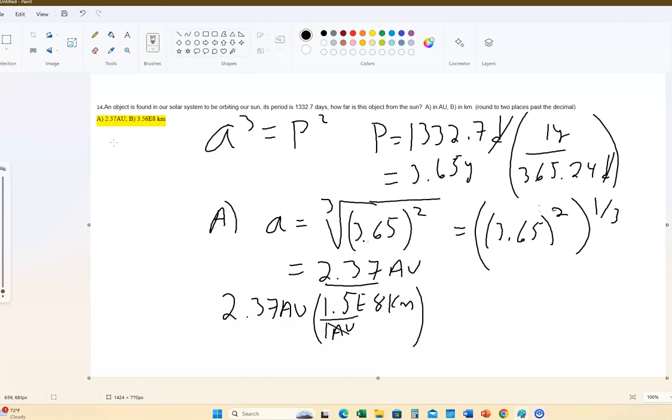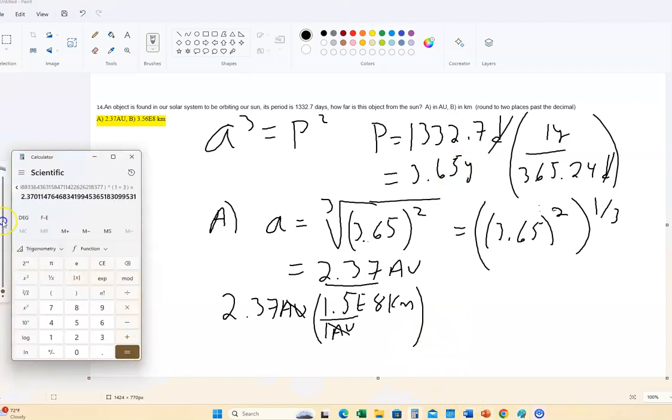The AUs cancel, and so you just multiply by the unrounded thing. Where's my calculator? Okay, right there. That's the unrounded version, and then I'm going to multiply times 150 times 10 to the sixth, or 1.5 times 10 to the eighth, which is the same thing, right?